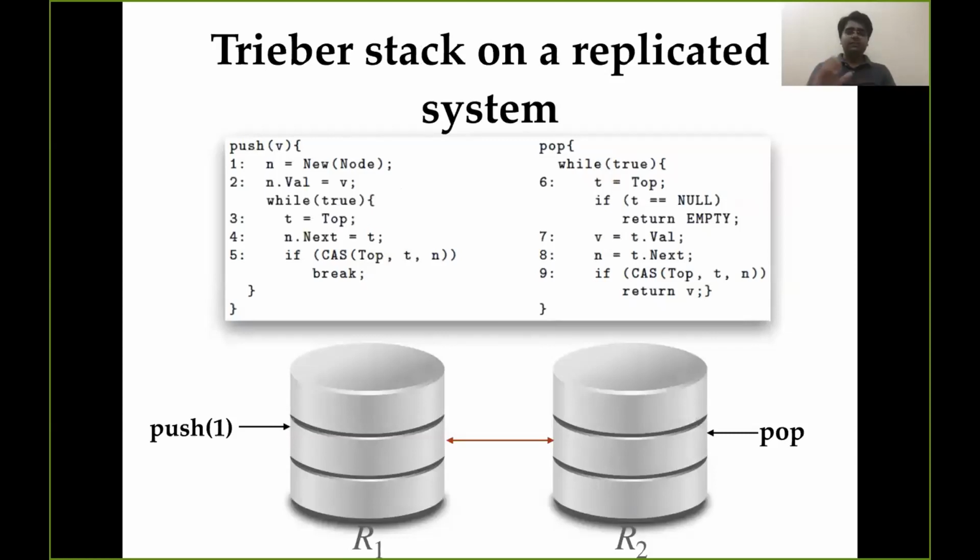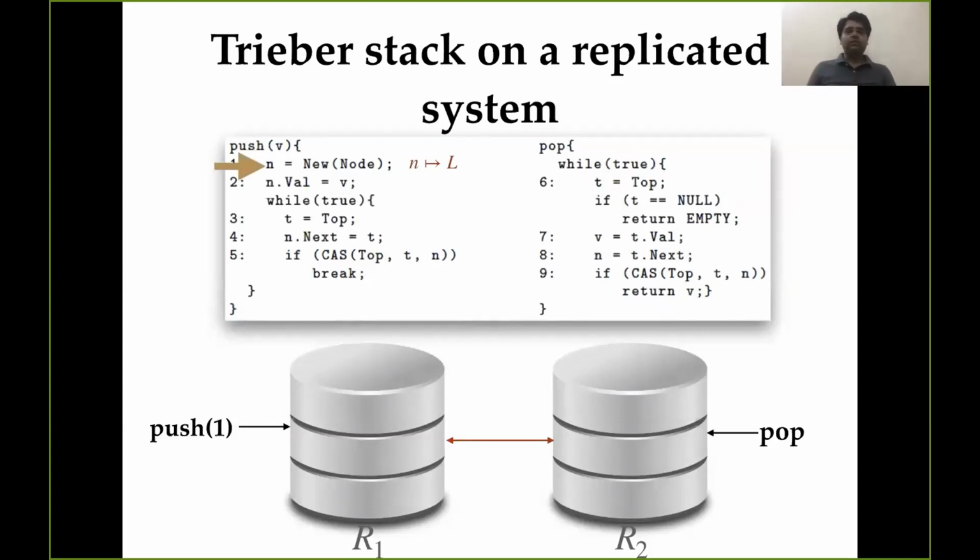So consider this execution consisting of two replicas, R1 and R2, wherein we have made an invocation of push 1 on replica R1 and a pop invocation on replica R2. Now we will execute the commands of push and pop in a step-by-step fashion. First, the push invocation is going to allocate a new node.